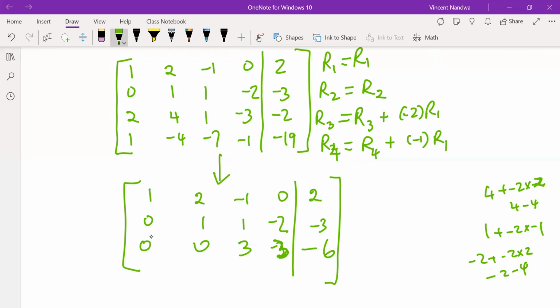So 1 minus 1 is 0, minus 4 minus 2 is minus 6, minus 7 plus minus 1 times minus 1, so minus 7 plus 1 is minus 6, minus 1 plus minus 1 times 0 is minus 1, and then minus 19 plus minus 1 times 2 is minus 19 minus 2, which is minus 21. So I get here minus 21.